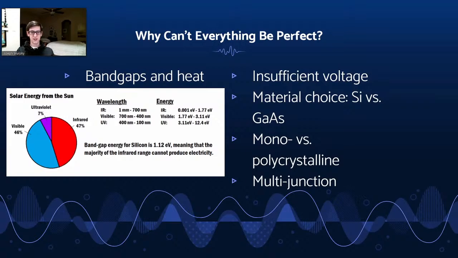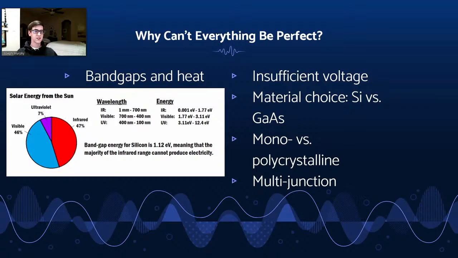But as well, different substances have different band gaps, and the size of the band gap also plays into what sort of photons can be absorbed by the substance to generate free electrons, to excite the electrons.